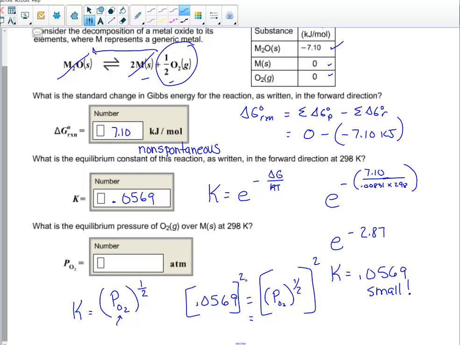Opposite of square root is squaring. 1/2 power is a square root. So I'm going to square both sides. So I'm going to square that answer, and I get 0.0032 atmospheres of pressure as the partial pressure of oxygen.